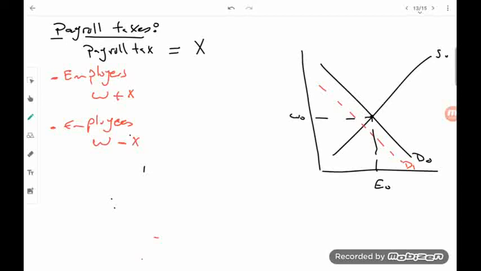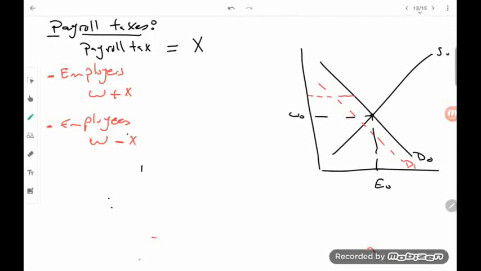So what is the difference between the three cases? Say it is going to be paid by the employer. The wage rate in this case will be higher than the equilibrium wage rate by the value of X. So in this case, the firm has to employ E2, which is less than the equilibrium level of workers employed.